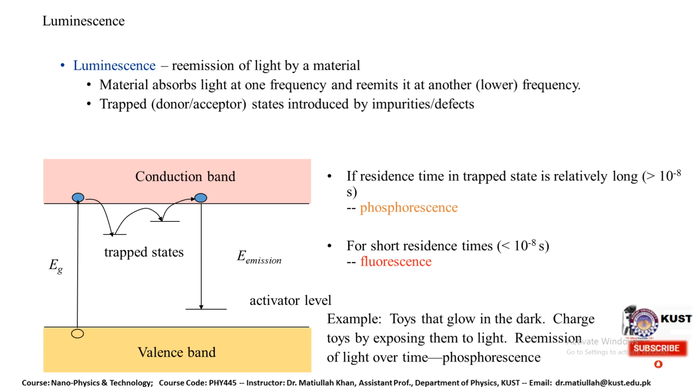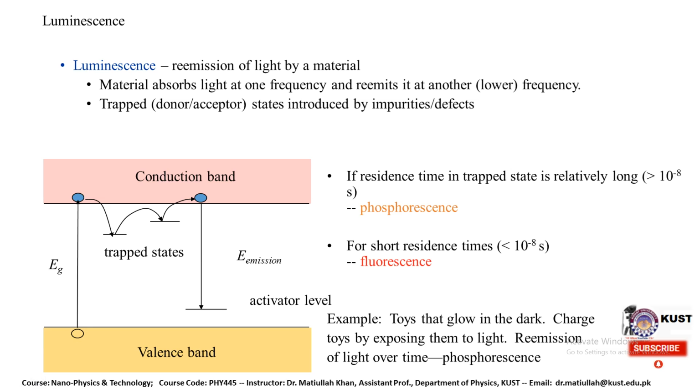Between the valence band and conduction band, this region is called the band gap. The most important states are the trap states, created due to defects in that particular solid or by adding impurities. It introduces some isolated states in the band gap, so that changes the wavelength of the upcoming light.